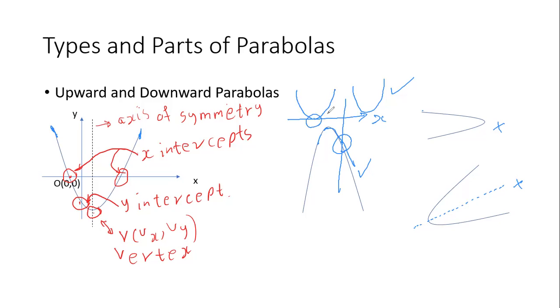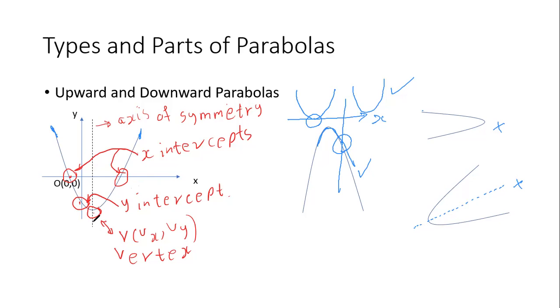That means we can consider it intersects at only one point, or it intersects no points like this parabola. So if it intersects the x-axis anyway, those intersection points we call x-intercepts. Where it intersects the y-axis is called the y-intercept of the parabola.